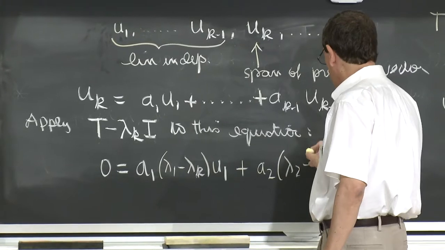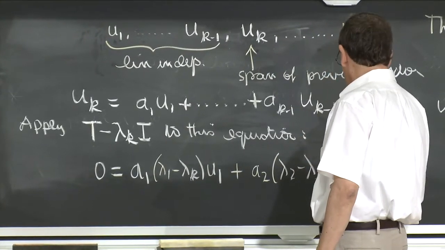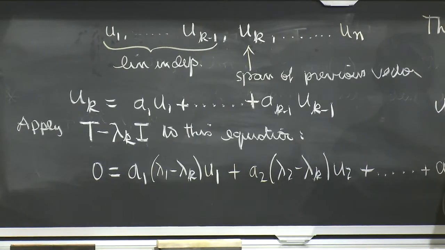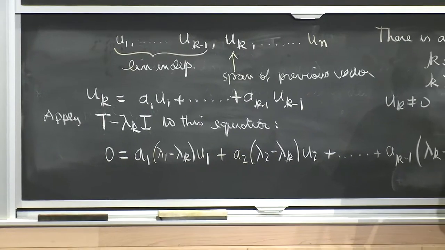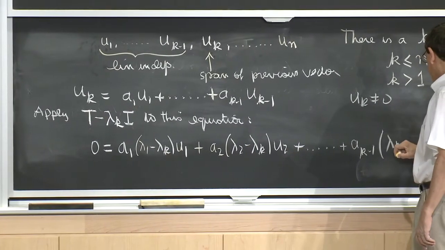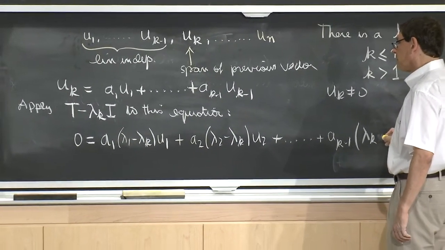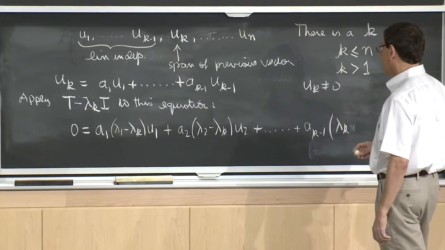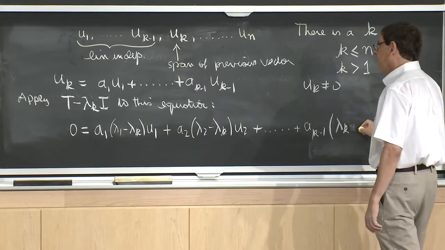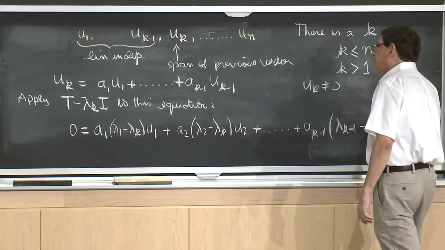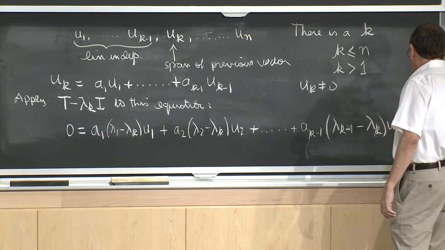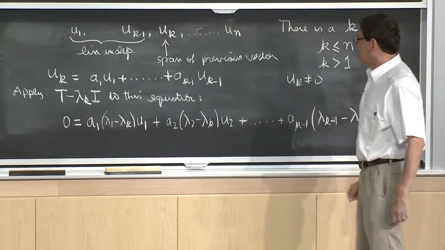You will get lambda 2 minus lambda k, u2, and then eventually up to a(k minus 1), lambda (k minus 1) minus lambda k, u(k minus 1). That's what we get.